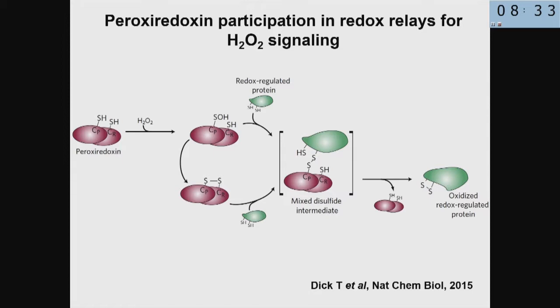And I will get back to the peroxiredoxins because they do this in mammalian cells, in the cytosol and in the mitochondria, but also pathogens overexpress peroxiredoxins to cope with the toxic effects of oxidants generated by the immune response.